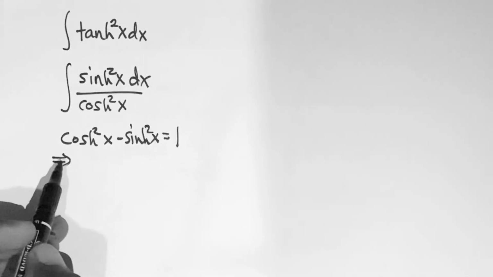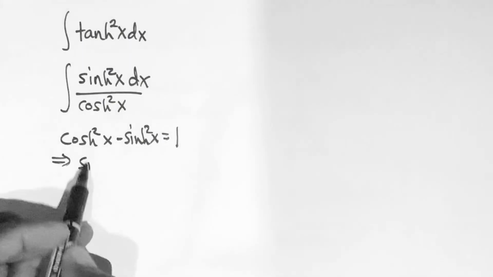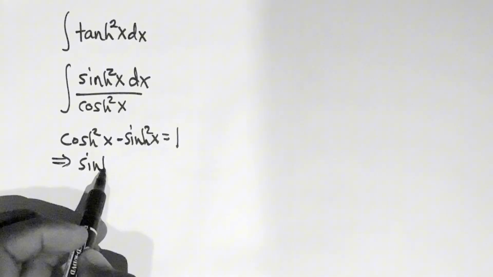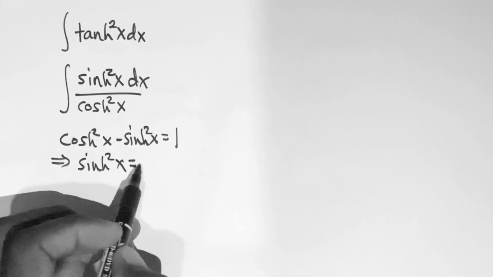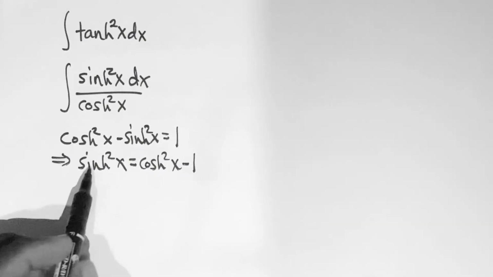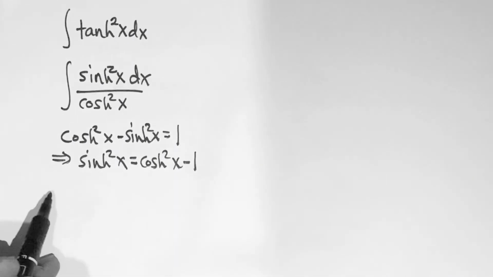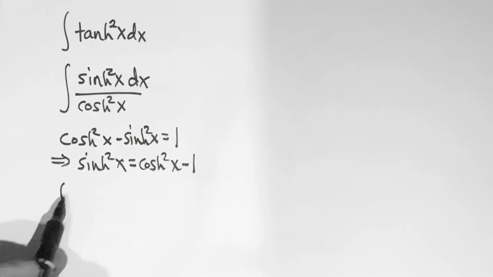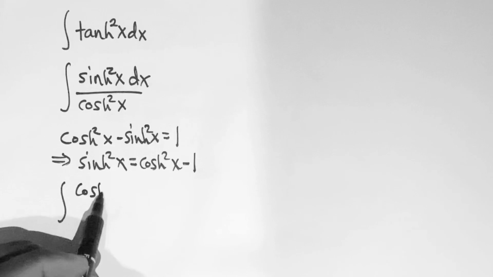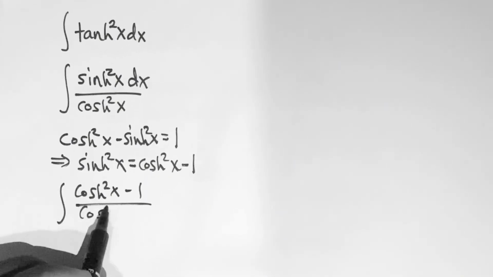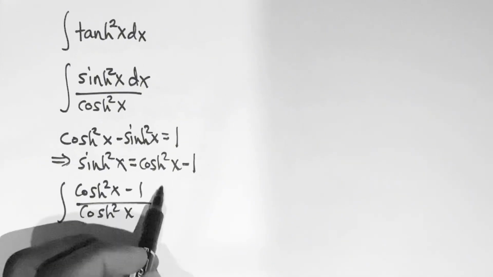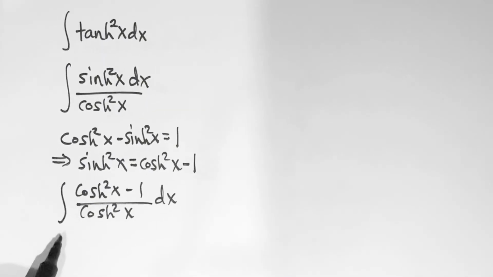So this implies that sinh squared x is equal to cosh squared x minus 1. So we can replace the numerator with cosh squared x minus 1, and therefore the integral becomes cosh squared x minus 1 divided by cosh squared x dx.